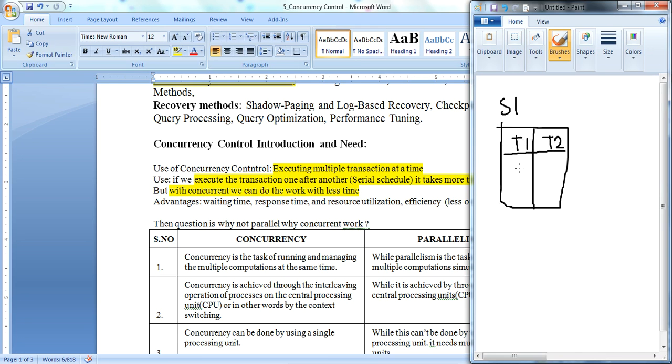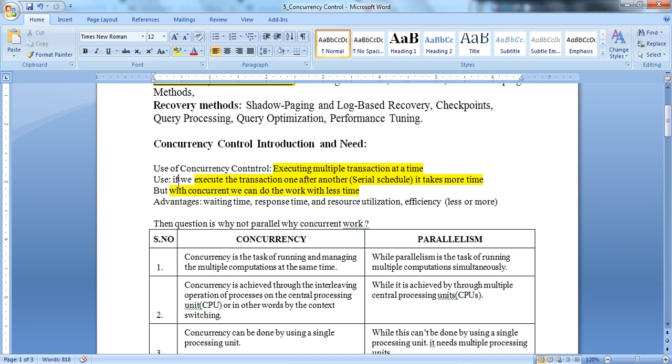These 2 transactions are executed concurrently. What is the concurrency? We can say that T1 reads the value of A, and after that T2 writes the value of A, and it goes on simultaneously. That is the concurrency of T1 and T2.